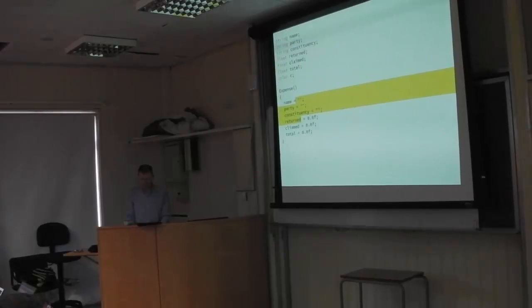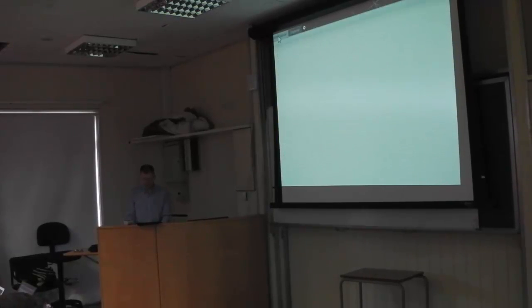So jump over to this program again. Here's my expense class. Let's put in void like that. Okay, let's make the array list. So the array list is now going to be of an object type. It will be the type expense.